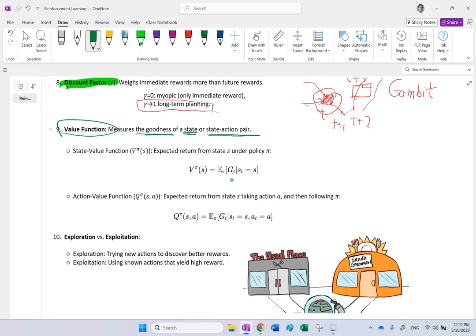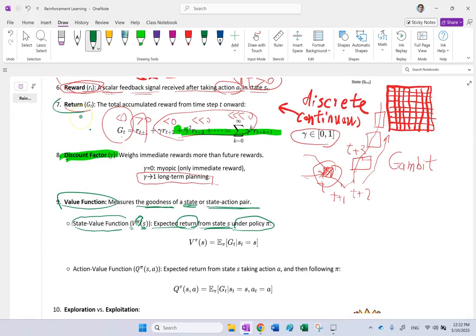Now, how would you define this? If you only care about the state, then you can define the state value function V of pi given S. So clearly this is a function of the state that you picked, but under policy pi. So you want to know the expected return, following policy pi, if you started from state S. So the expected value of what?